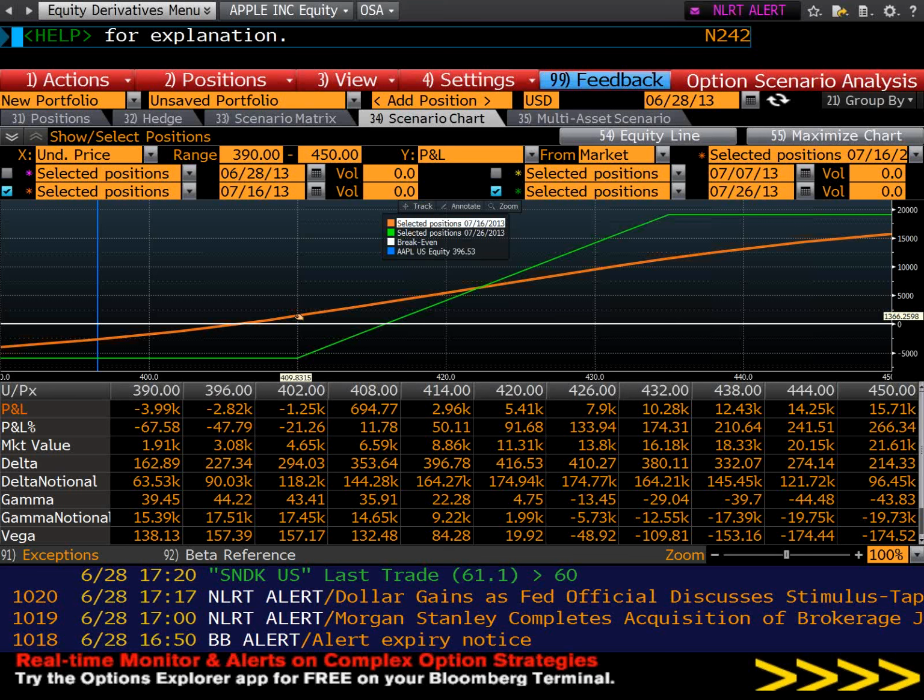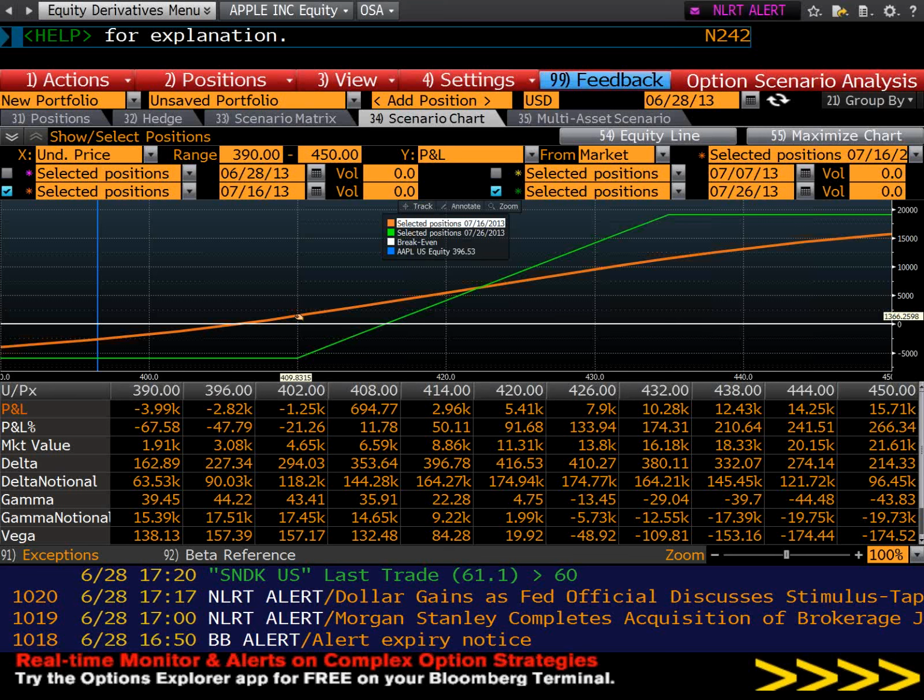So spreading options ahead of a big event is very useful if you are convinced that the implied volatilities are going to go up, because you can take advantage of the expanding volatilities before the event.